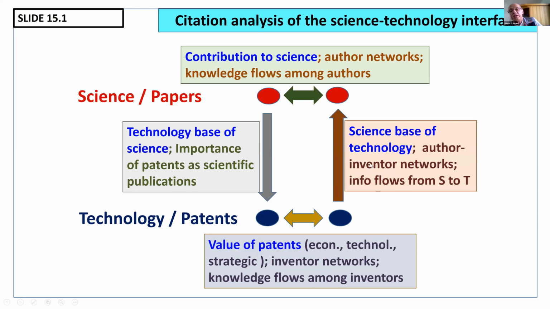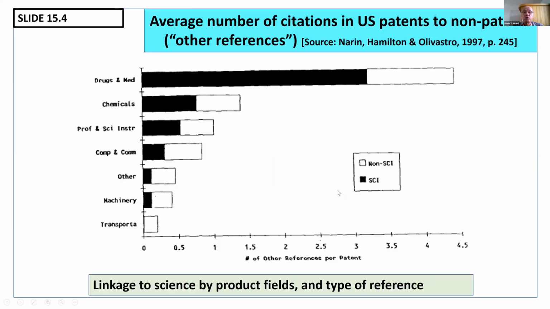And especially studies of the science base of technology have become very important in our field. One historical note, there was an American institution, Computer Horizons, that started this type of analysis already in the 1980s. And they published some results in the 1980s, or like this one, also in the 1990s.